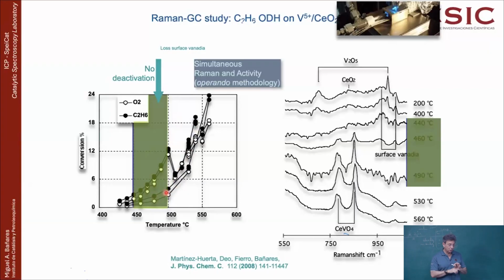Now the surprise was that the catalyst dies above 500 °C, like 520, 530, 540, 550. So cerium vanadate will be forming above 500. However, operando spectra show that already at 460, 490, you already have cerium vanadate.